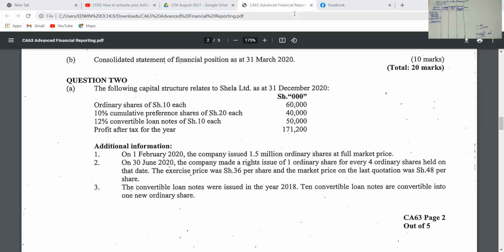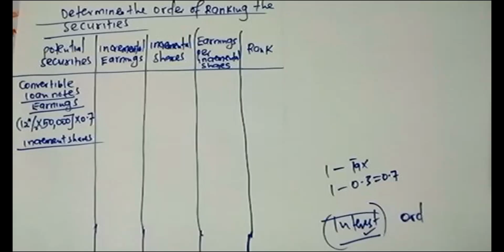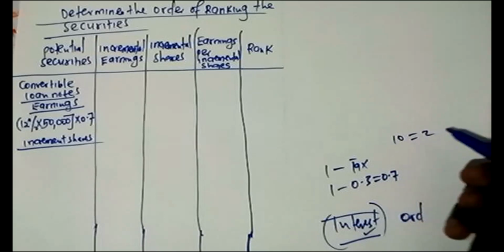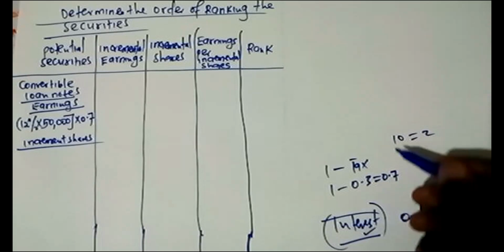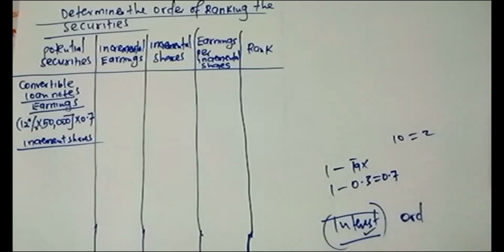So the total value was 50,000. But remember, the proportion is in terms of shares.